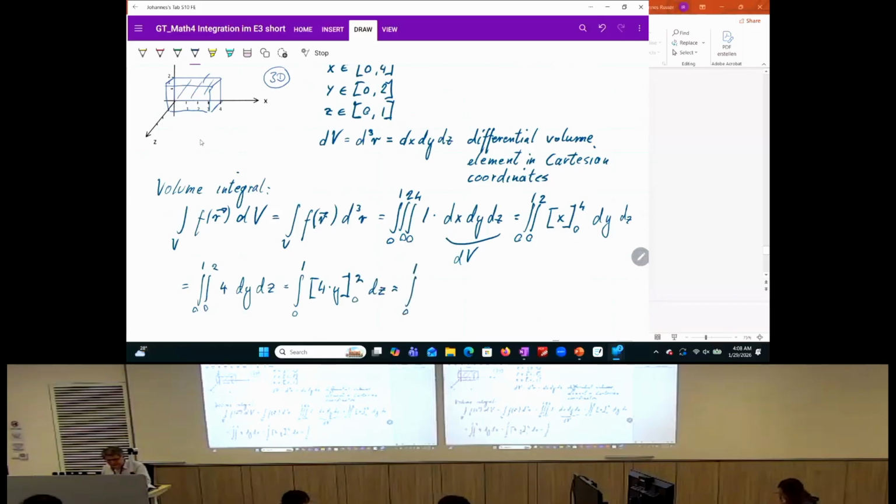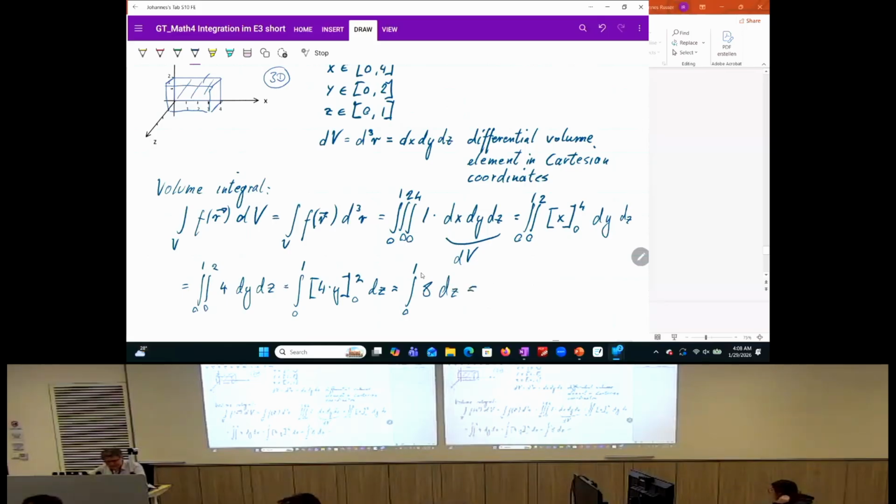You insert the boundaries here. You have performed the integration over the y component, but it was only 4. So you have here in the bracket 4 times y. You insert the boundaries, so y is 2 and the beginning point is 0. So yeah, it is a very simple problem, but this is basically the procedure of how you go about it.